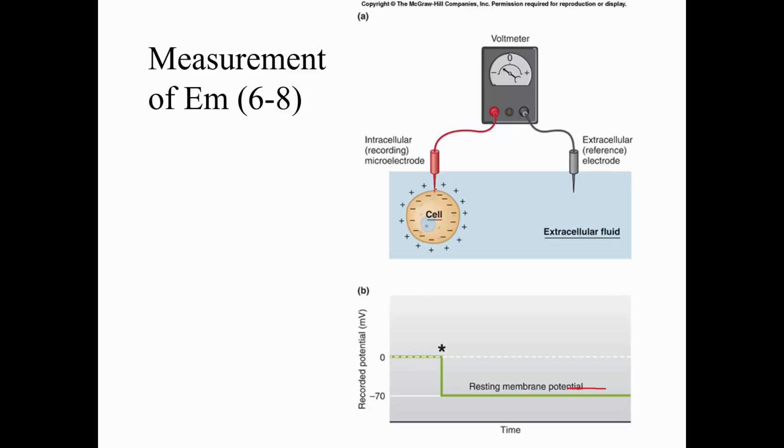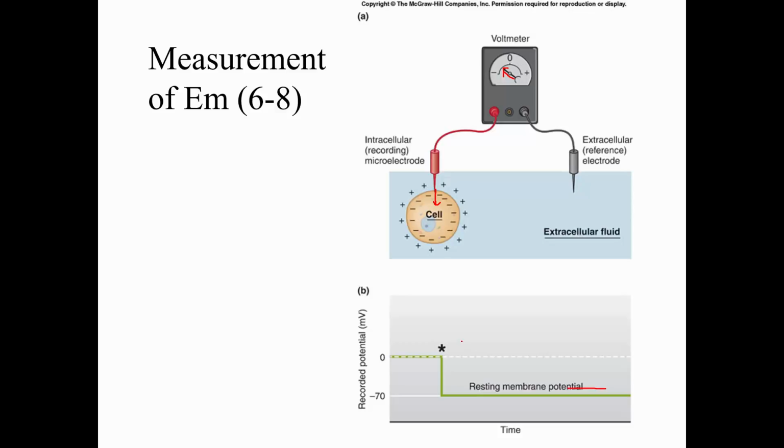If we take a little electrode and we impale the cell, and then we have a circuit, we have a measuring electrode, we're connected to a voltmeter. Do you see how the voltmeter is pointing towards negative, saying we have a negative potential? If the outside of our cell is our reference and we're holding that to 0, the inside of the cell is relatively negative as compared to that.